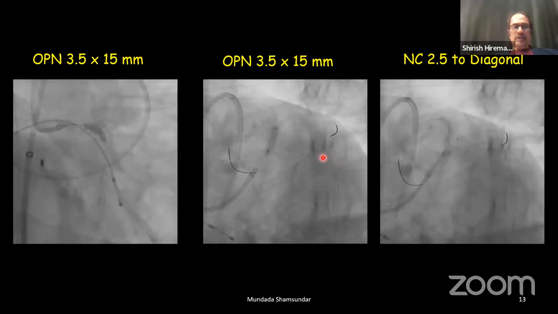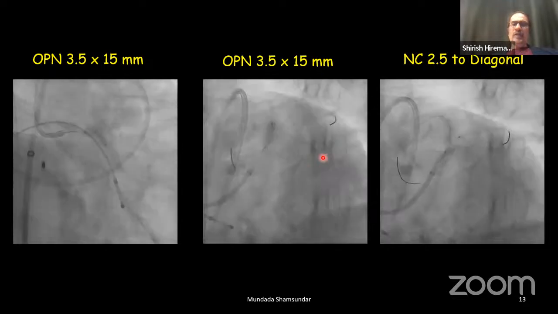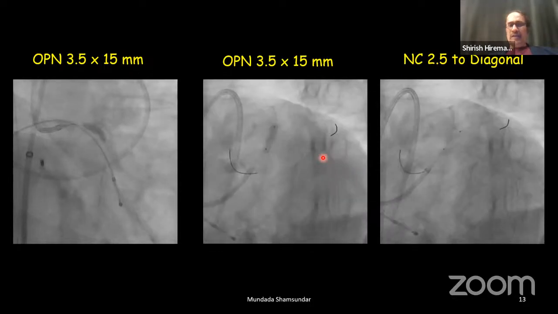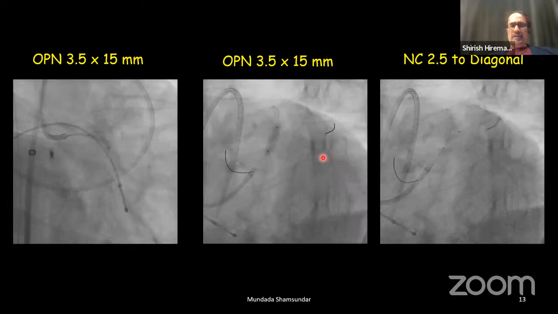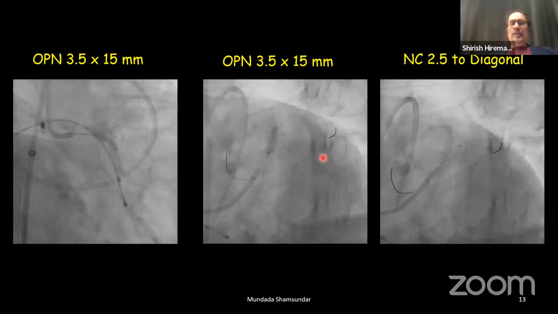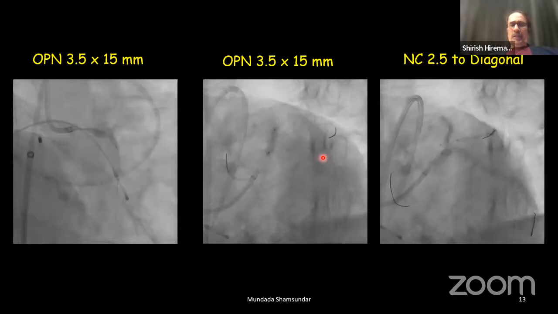And we also chose mini crush as our technique because this allows you to put a side branch stent first, and the patient would not go into failure because of mitral regurg.